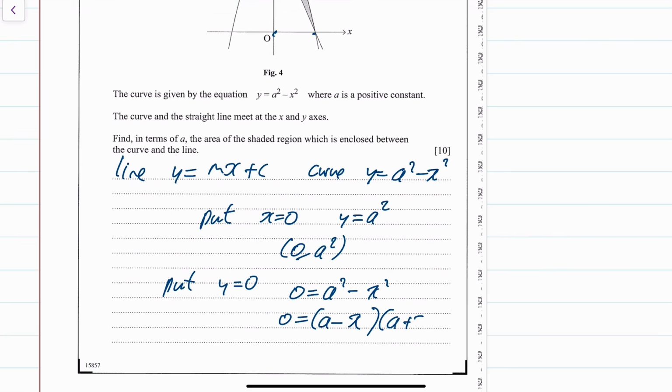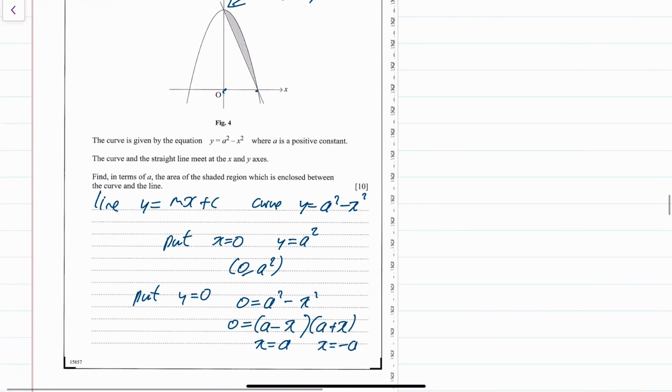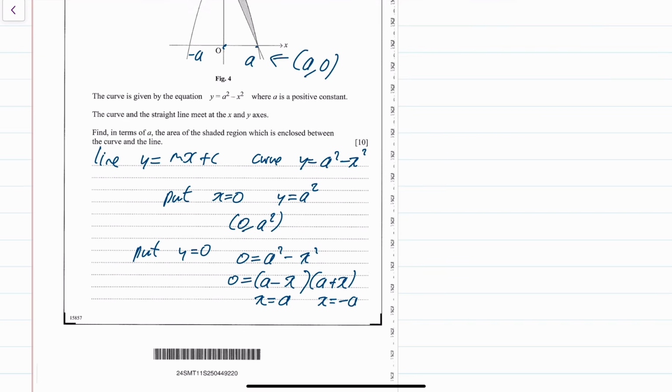That could be a minus x times a plus x, which means x equals a, or x equals minus a. And so basically that has told you this point here is minus a and this point here is plus a. But the key one is the point (a, 0). That's where it crosses.